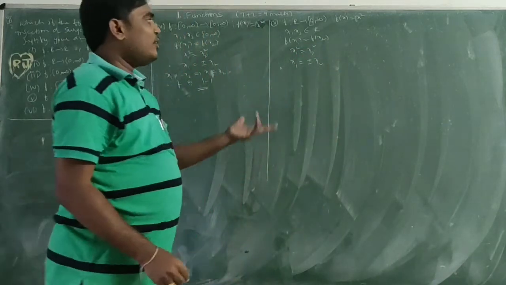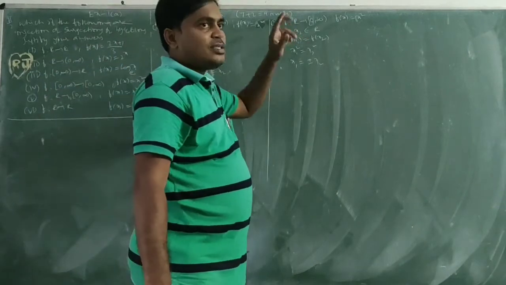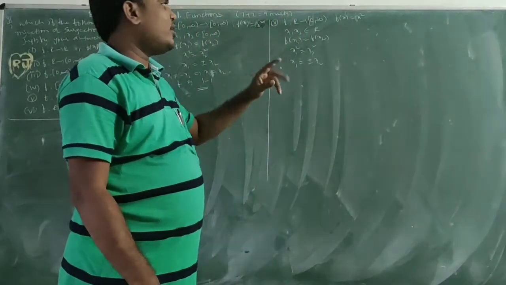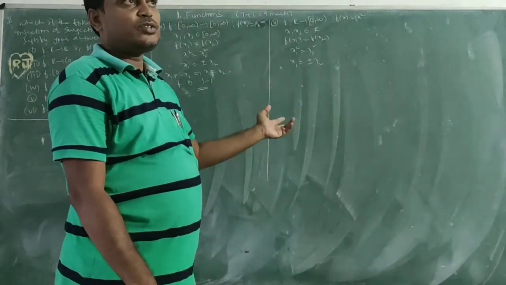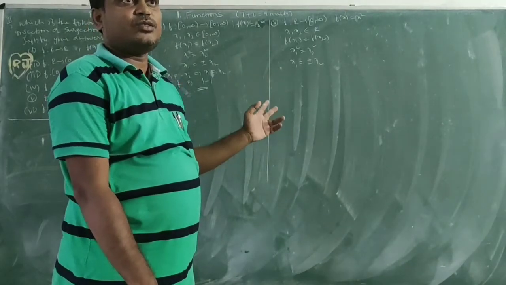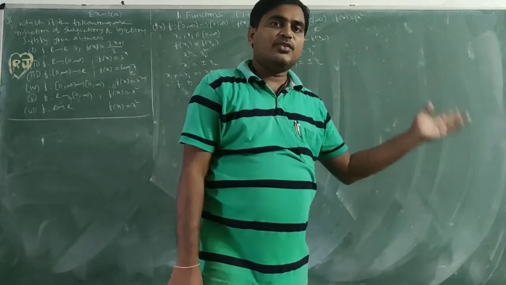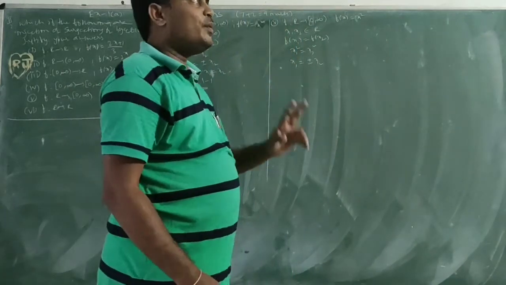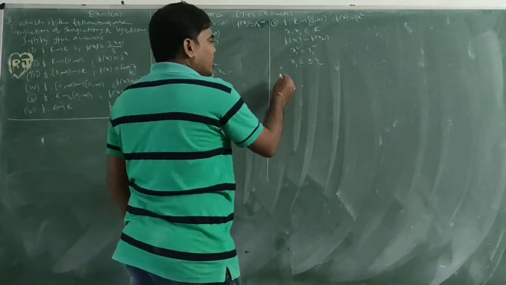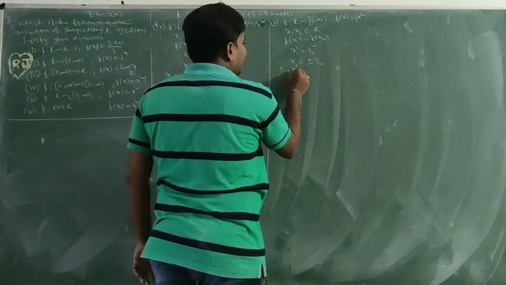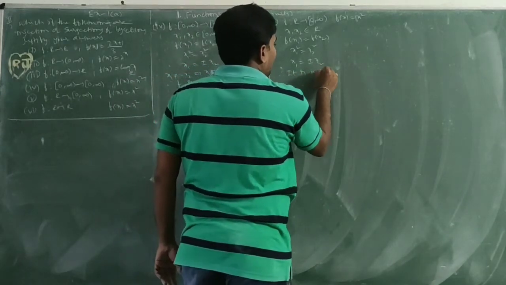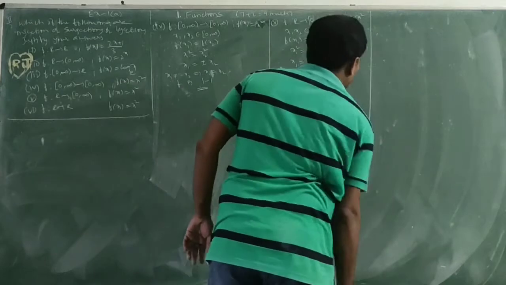Here we have two choices, because in real numbers there are positive numbers and negative numbers. So for 4 the image is 16, and for minus 4 the image is also 16. There exist two images, so it is not a one-one function.